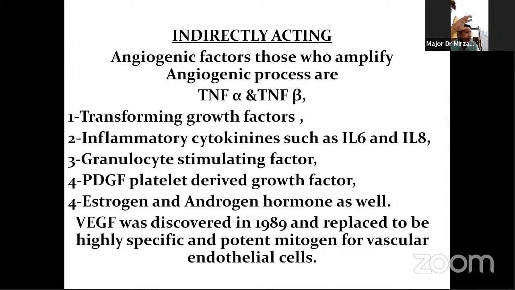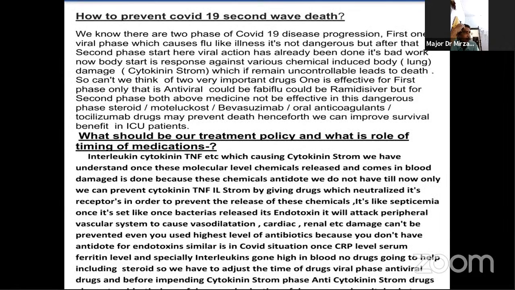So I'll explain a little why I've told you that bevacizumab, the anti-angiogenesis drug, is used, and the pathological and physiological phenomena which happen. Everybody knows that COVID-19 is a two-phase disease. The first is a viral phase. Second is the cytokine storm. So for both we have two different drugs.